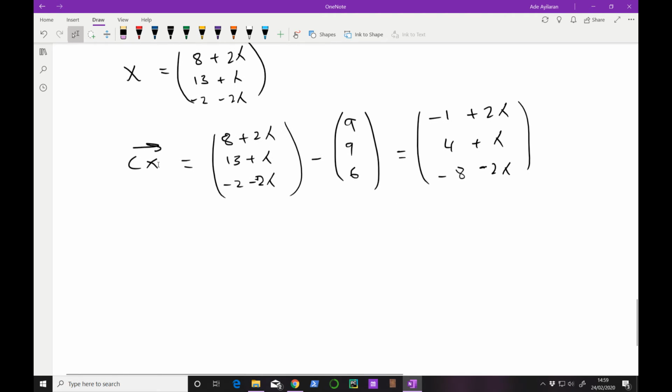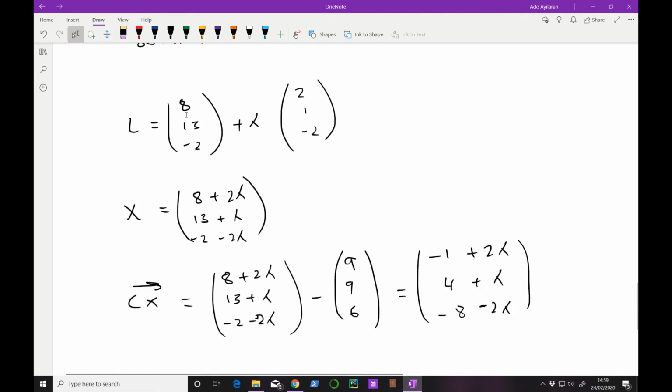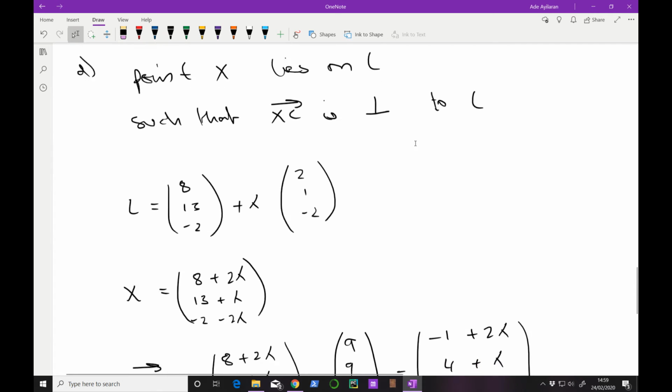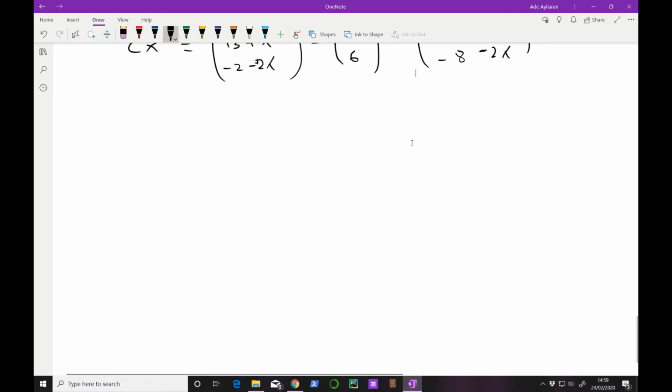Okay? Now, remember what I said here, such that the direction XC is perpendicular to L. The direction of L, as we recall, is 2, 1, minus 2.